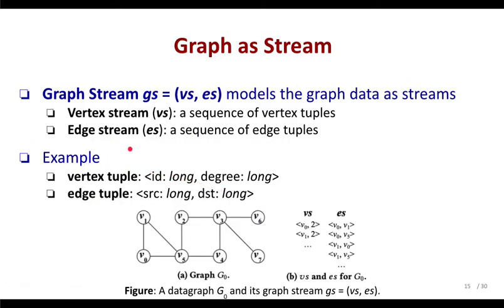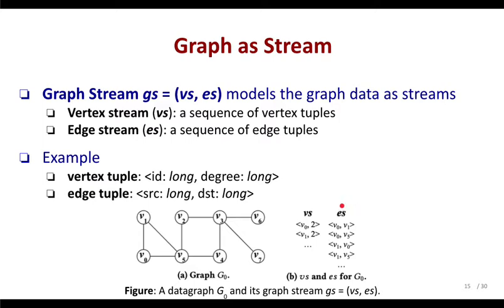We model the graph data as streams. A vertex stream is a sequence of vertex tuples, an edge stream is a sequence of edge tuples, and a graph stream is a pair of vertex and edge streams. In the figures below, Figure A shows an example graph G0, and Figure B shows the vertex stream VS and edge stream ES.